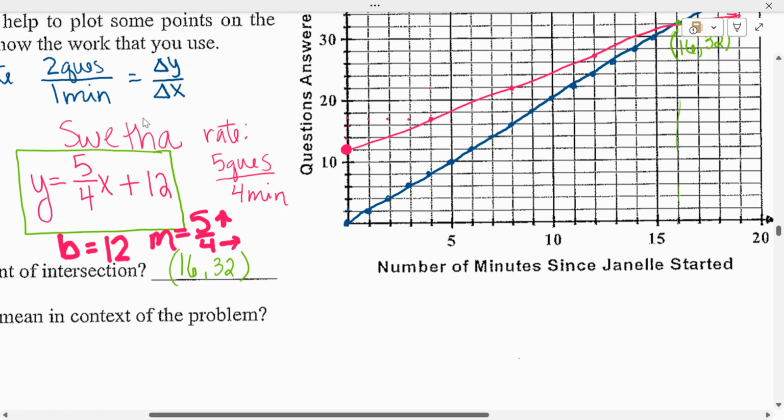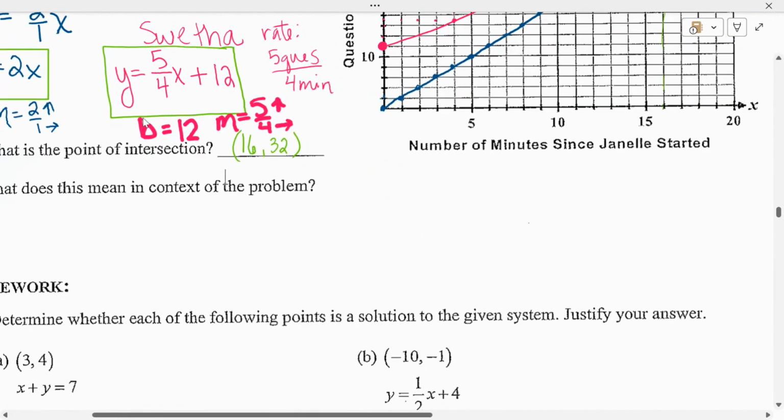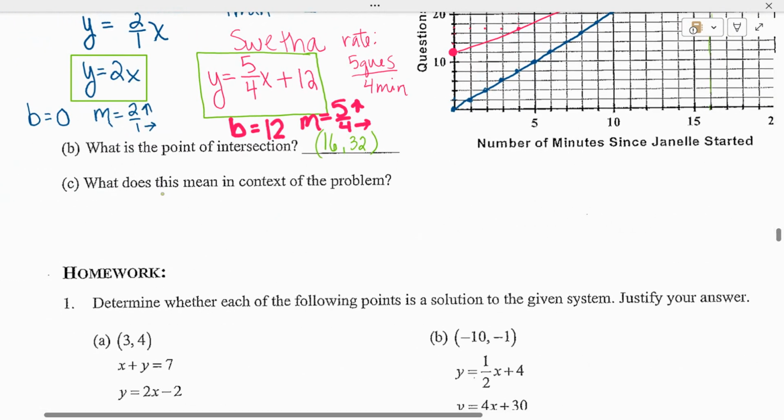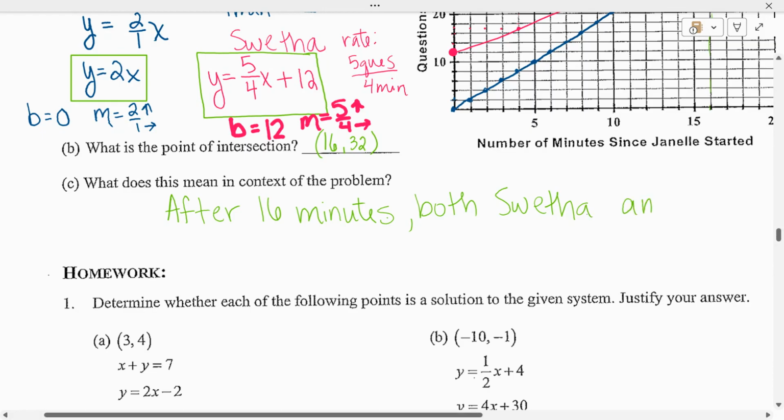What does that mean in context of the problem? Well, it means after 16 minutes, both Swetha and Janelle have 32 questions answered.